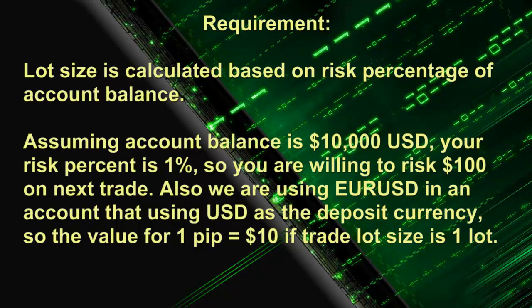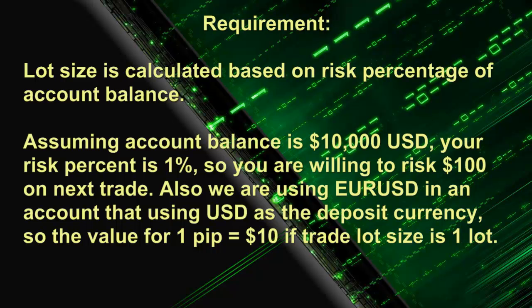And also, we're going to trade EURUSD, this pair. Because we're trading this pair, we know if our trade volume is one lot, 1 pip value is $10. Of course, 1 pip value is different if you're trading different lot size. So this is the assumption we're going to make.